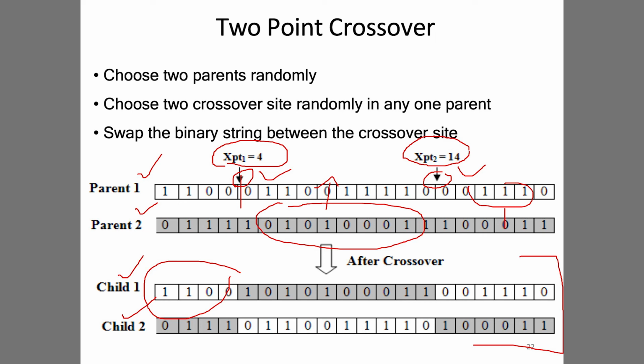Now if we want to do the crossover operation, I have chosen 2 individuals randomly, let me name them parent 1 and parent 2. If these 2 individuals are going to be applied for the crossover operation, then you have to select the crossover points like this, and then do the crossover operation.